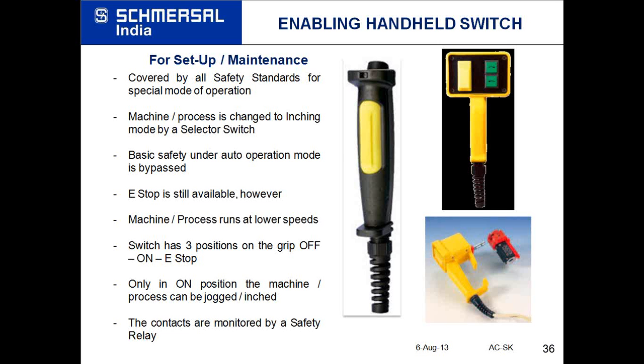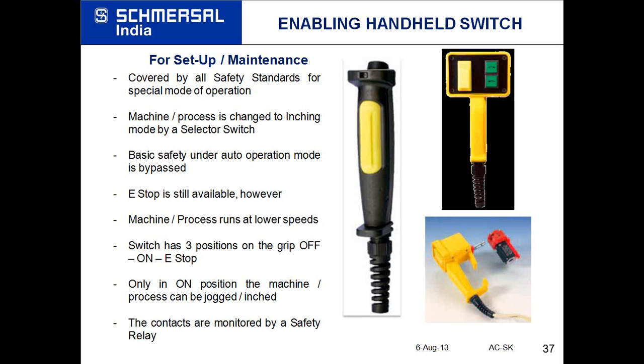allow us to select the setup or maintenance or inching or jogging mode, and as soon as we select the jogging mode, the machine should run only at maybe half the speed or 30% or 25% of the normal speed, so that we can reduce the risks associated with the moving parts of the machine or the process.